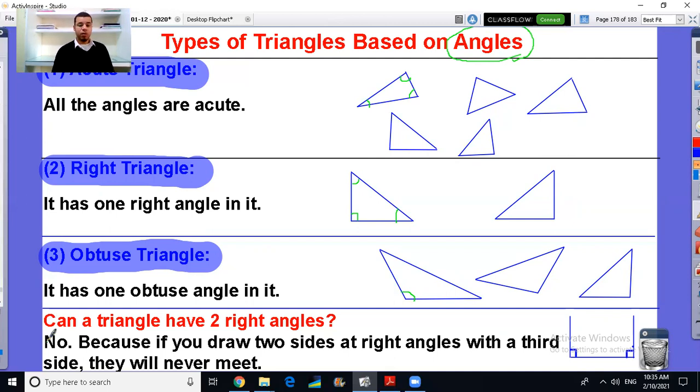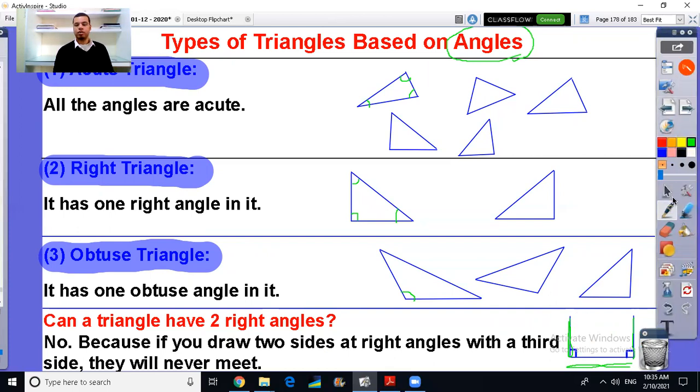You say, no, a triangle can never have two right angles because if you draw two sides at right angles with the third side, look at this. Here are two sides. They are at right angles with the third side, which is this one. They will never meet. And then you draw this.